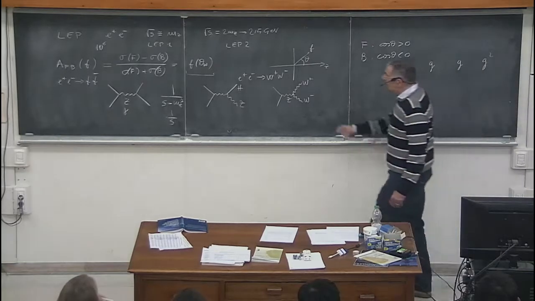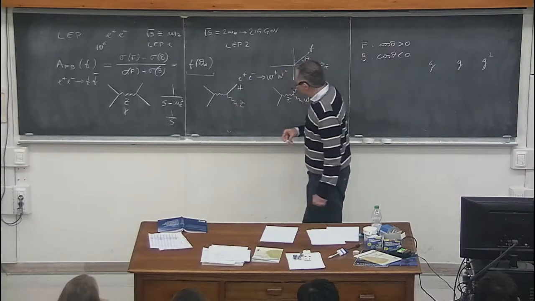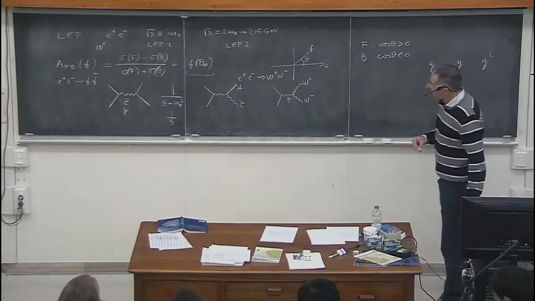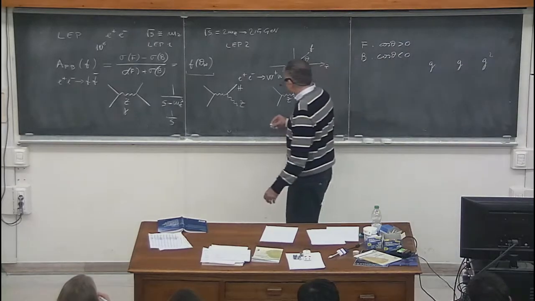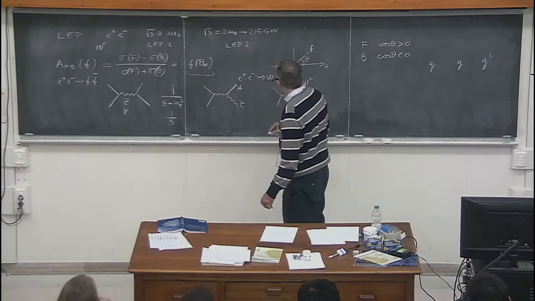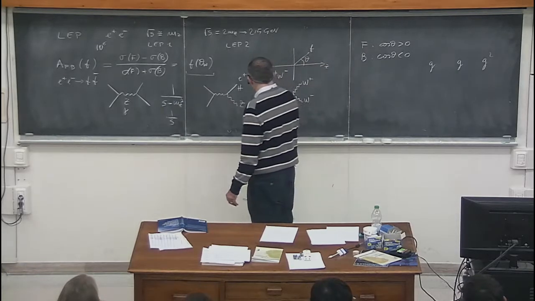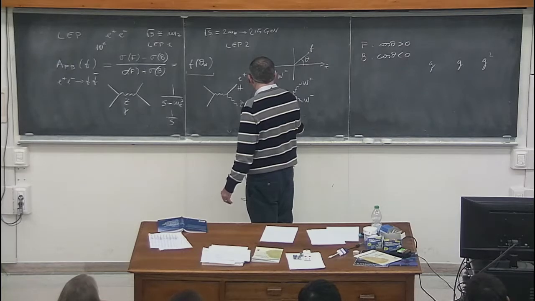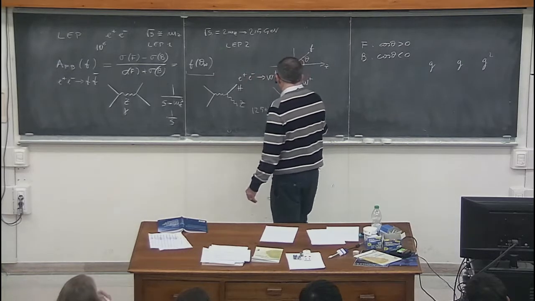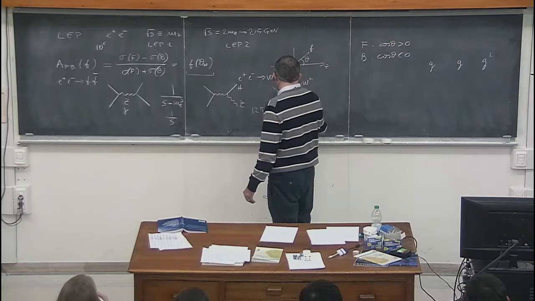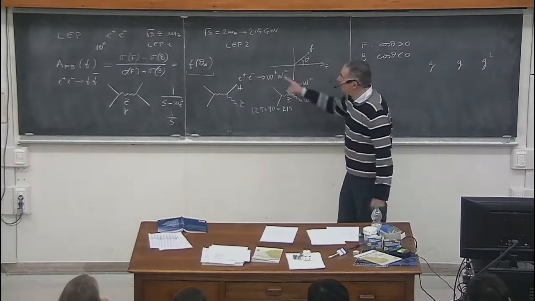If you see that, sorry, probably 215 is too much, because 100.5 plus 90 is 215. Yeah, they got very close to it, but they didn't manage. They didn't discover the Higgs boson at LEP.